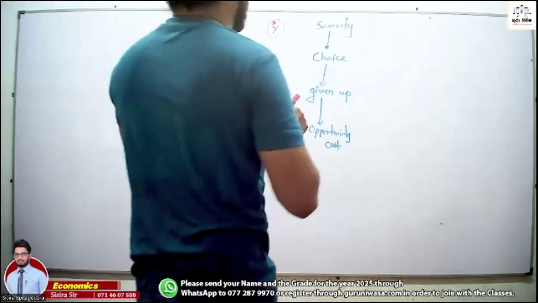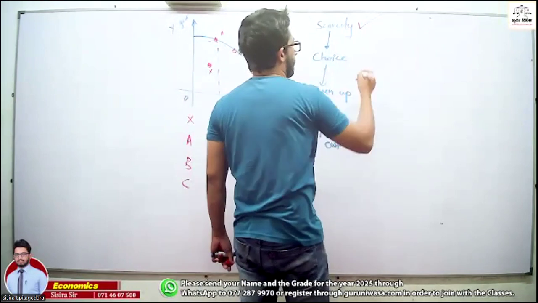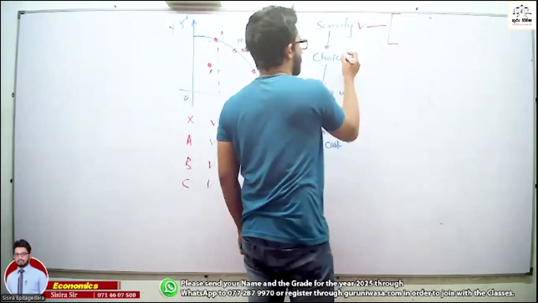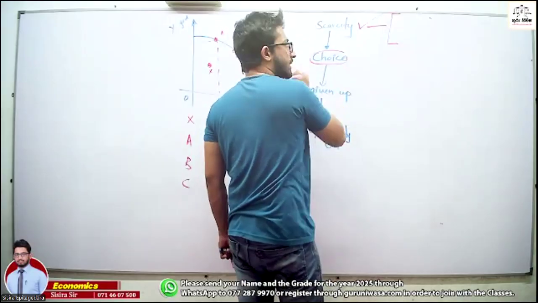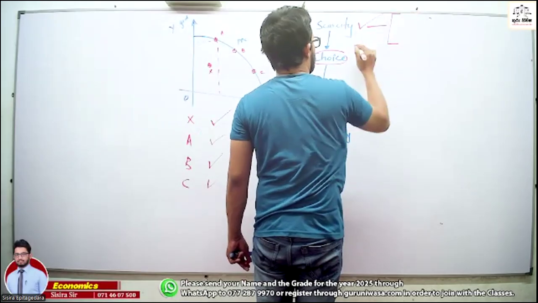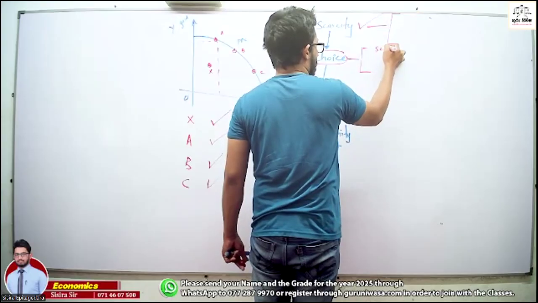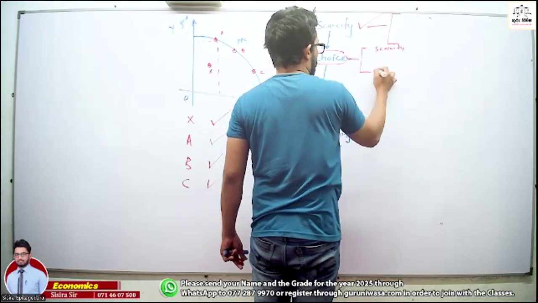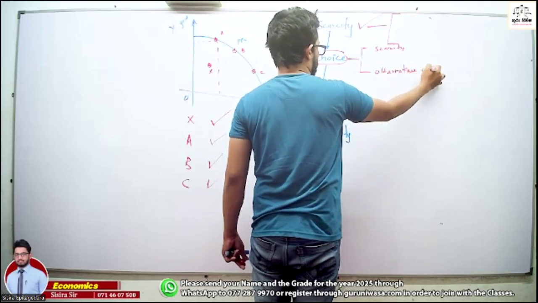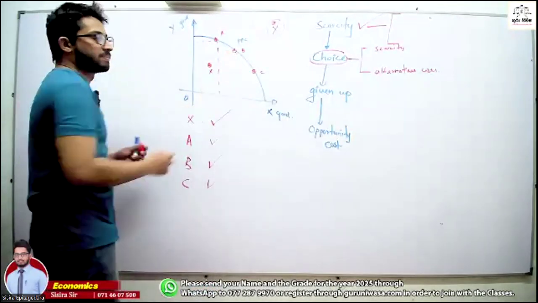Now, we have already shown scarcity on a PPC curve. Now we are going to show the alternative uses. Remember, this choice is caused by scarcity and alternative uses. These are the alternative uses.